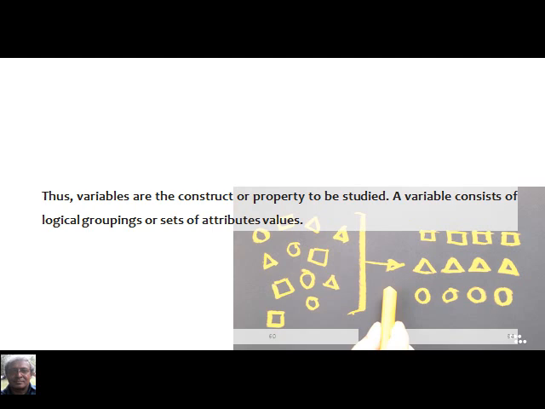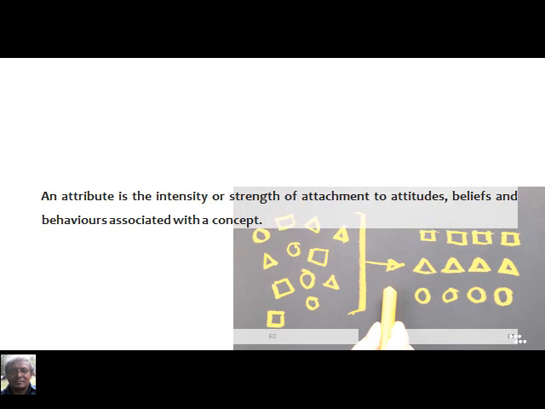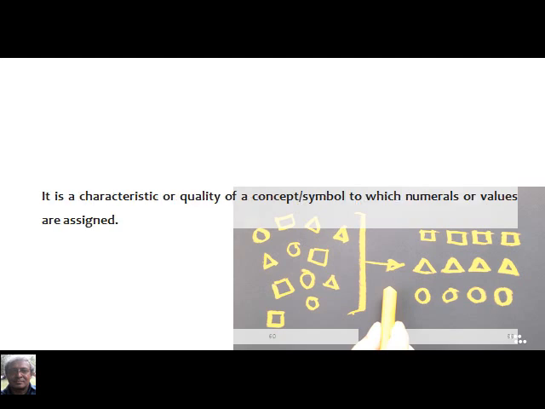A variable consists of logical groupings or sets of attribute values. An attribute is the intensity or strength of attachment to attitudes, beliefs and behaviors associated with the concept. It is a characteristic or quality of a concept or symbol to which numerals or values are assigned.